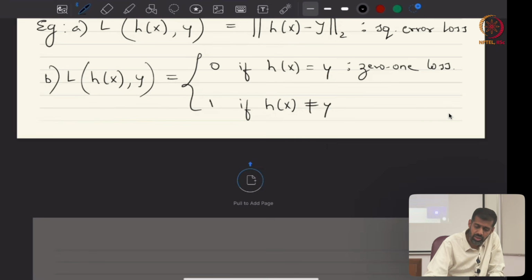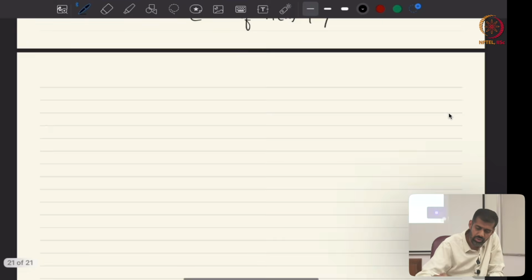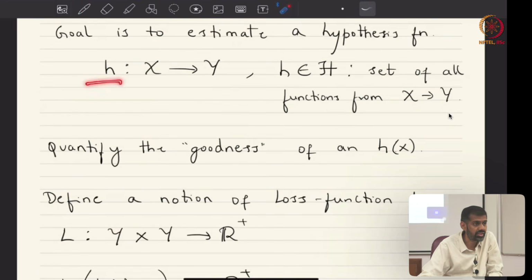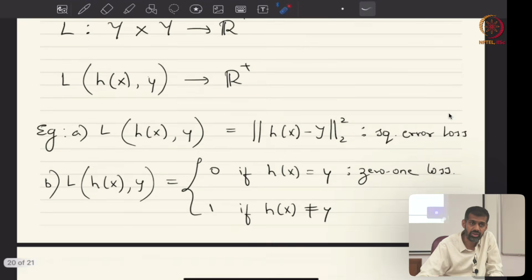Now remember what our goal was. Our goal was to estimate or come up with a hypothesis function that operates on x and y, and we wanted to do it by using the underlying data set and come up with a good hypothesis. So we wanted to quantify goodness. What is a good hypothesis? To do that, we defined the notion of a loss function.